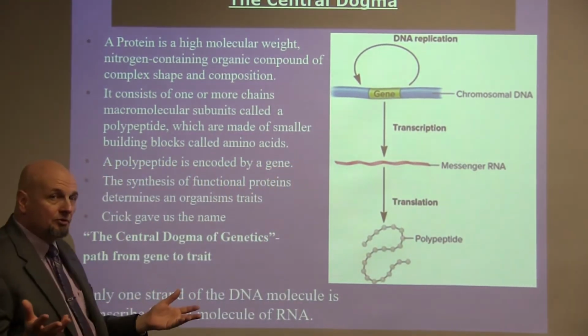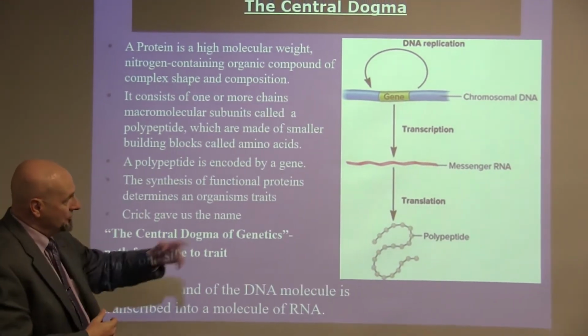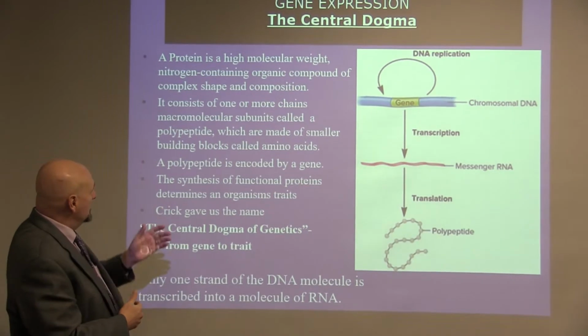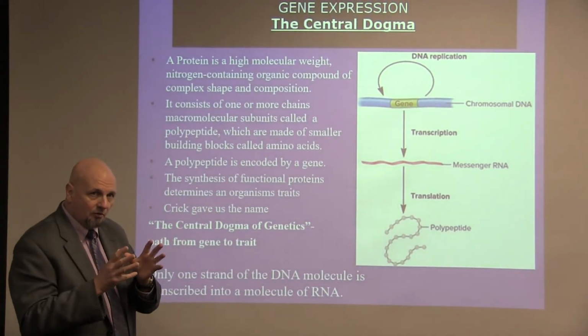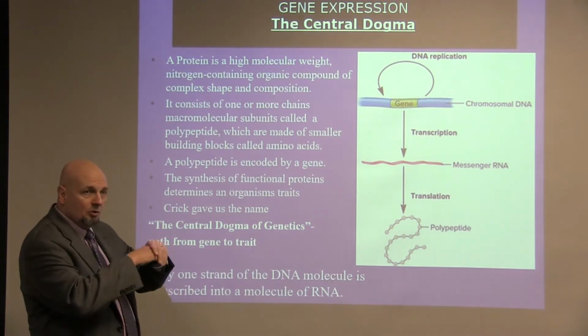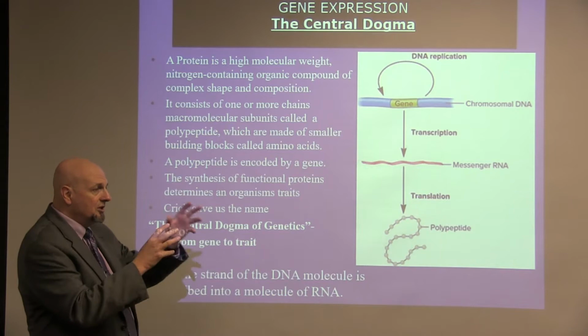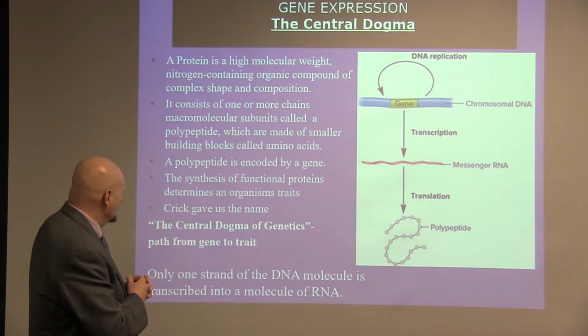And so this is referred to as a central dogma of systems. The polypeptide, which is encoded by the gene, can be just a simple single-stranded polypeptide, which is a functional protein, or it could be a protein that is actually multi-subunits of polypeptides that come together to bring about a particular function.